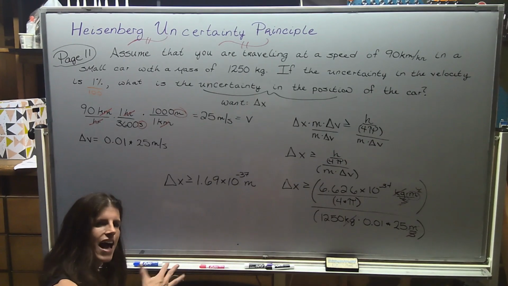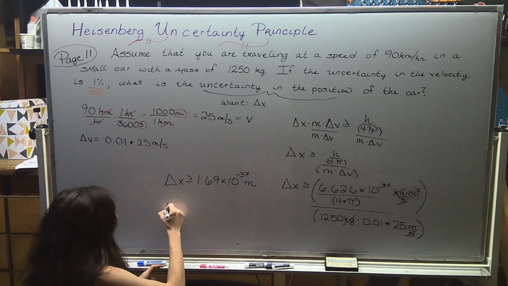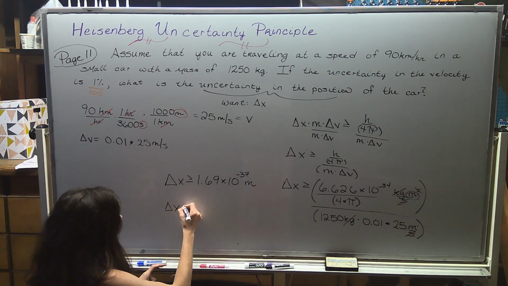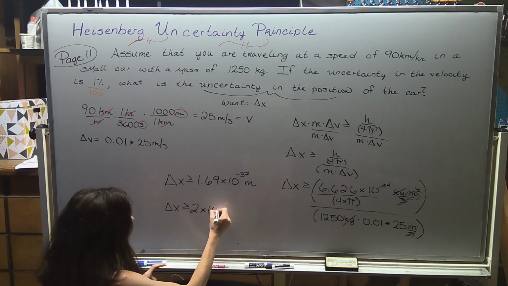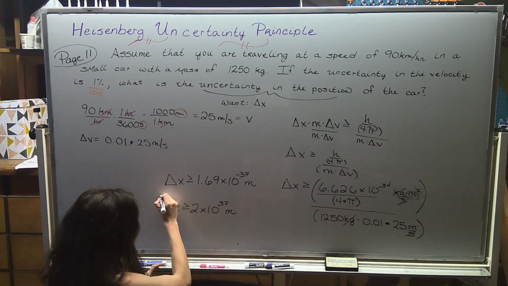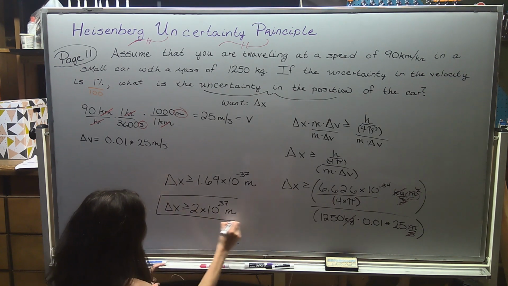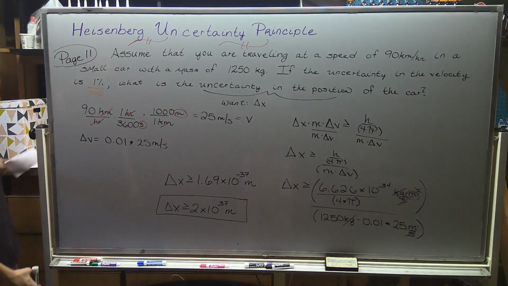So it's only an estimate of your uncertainty. But we could pretty much say delta x is greater than or equal to 2 times 10 to the negative 37 meters. About 1 sig fig.